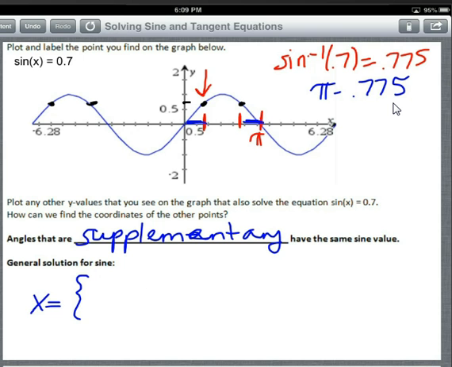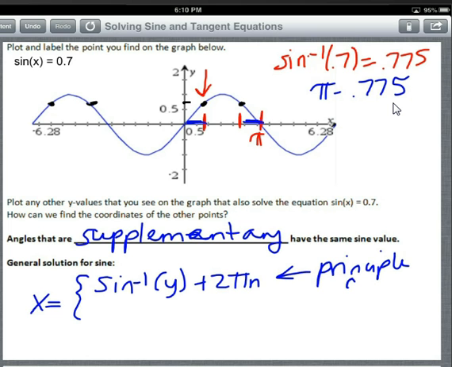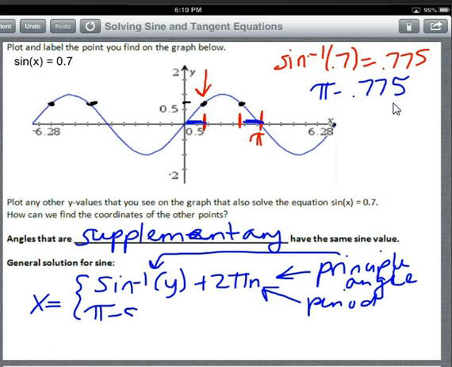Let's say x equals the inverse sine of y plus 2 pi n. This would be the principal angle, and this of course would be the period. And then x equals pi minus the inverse sine of y plus 2 pi n.